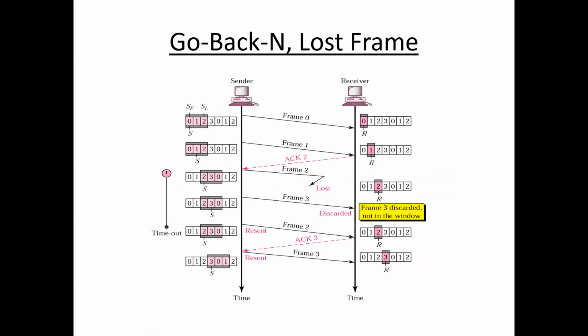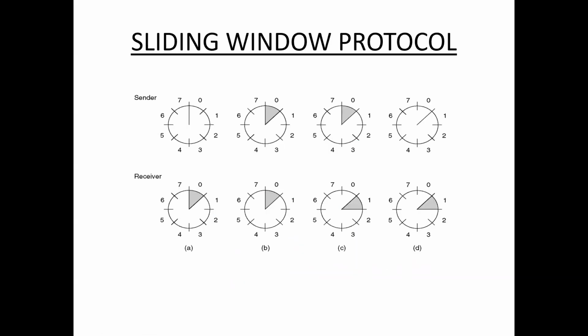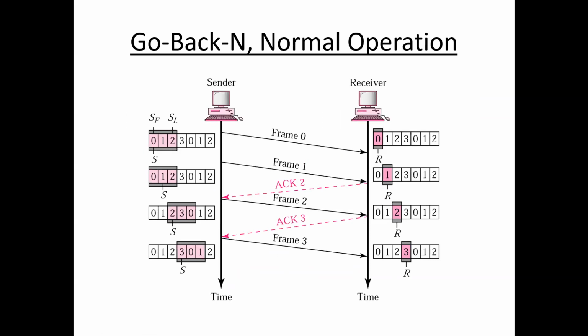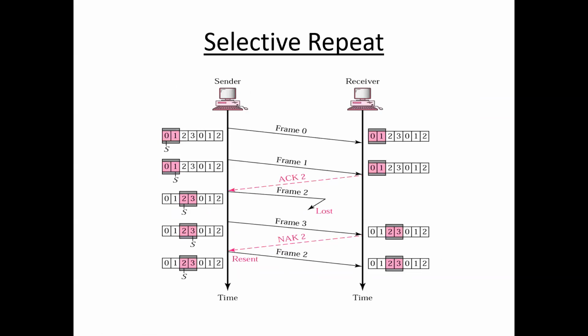So this is about sliding window protocol. In 1-bit sliding window protocol, sender window size is 1 and receiver window size is 1. In go back N, sender window size is more than 1 and receiver window size is 1. In selective repeat, sender window size is more than 1 and receiver window size is more than 1.